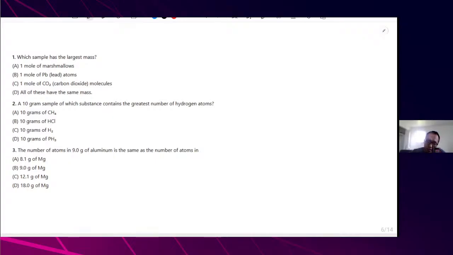The concept is what we mentioned before, 1 mole is 6.022 times 10 to the 23 particles. But different substances have different molar mass. The heavier the molar mass, the heavier one mole will be.